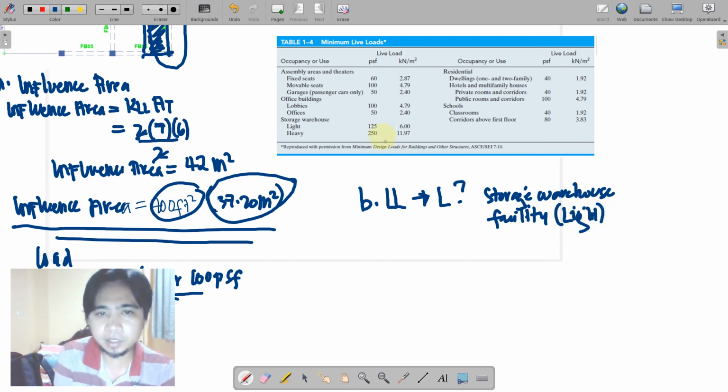It is already here in the table: 6 kilonewton per square meter.